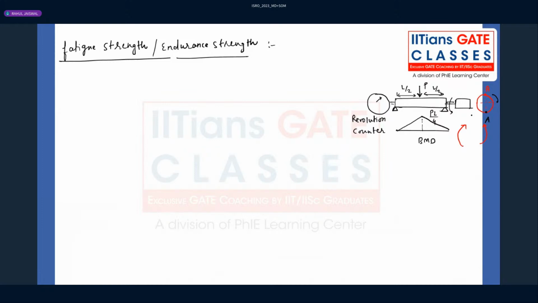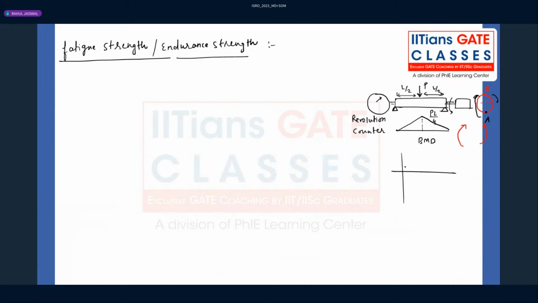So what is happening? Point A will be subjected to tensile stress. Again, after rotation, it is subjected to compressive bending stress. Again tensile, again compressive, of the same magnitude but opposite in direction.